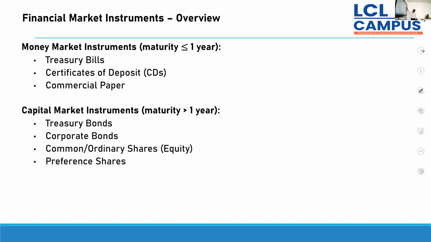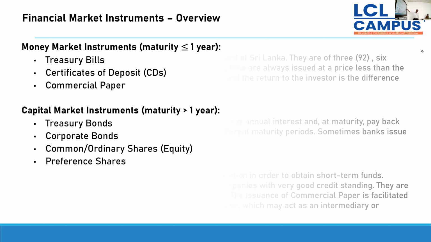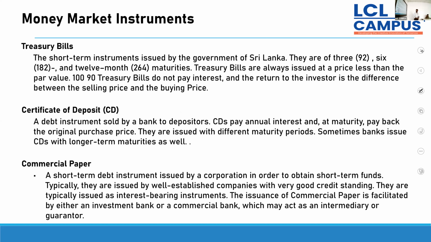Clear? Okay. So let's see one by one in detail. Treasury bills are issued by the government, right? It's a short-term instrument. There are three types: 3-month treasury bills, 6-month treasury bills, and 12-month treasury bills.